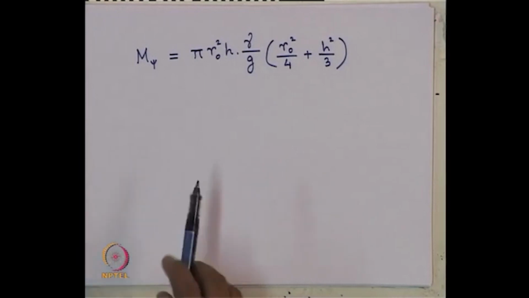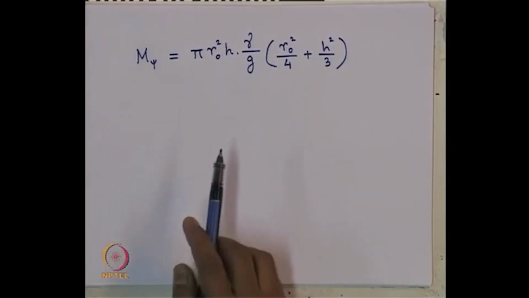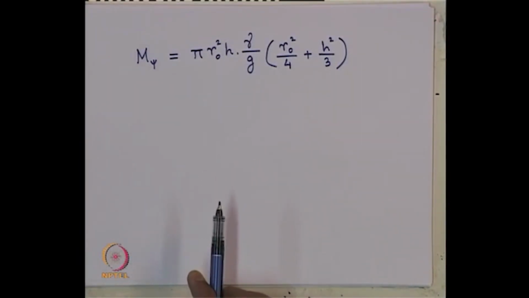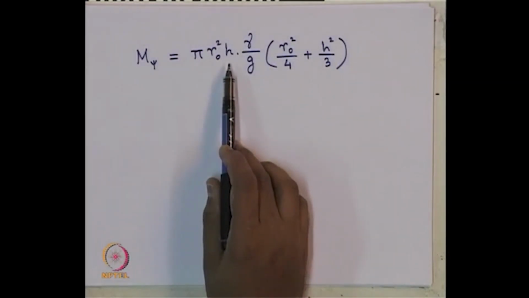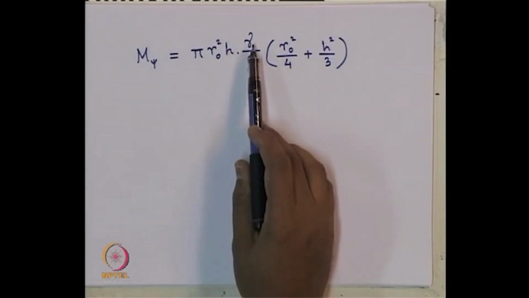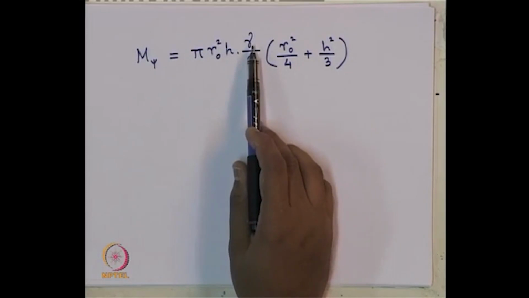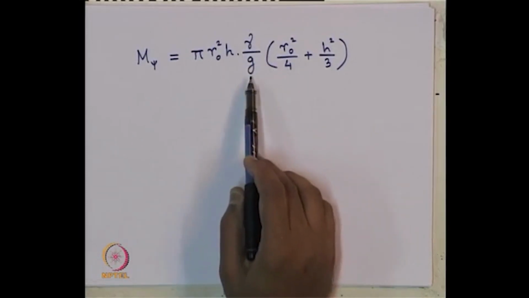R naught already we have mentioned, this is the equivalent radius of the circular footing. H is the height of the footing, which is 15 centimeter given to us. Gamma is unit weight of the soil, g is acceleration due to gravity.